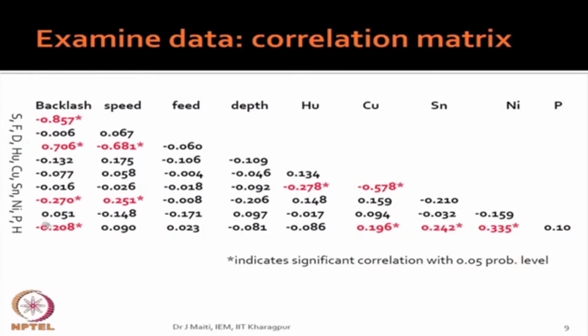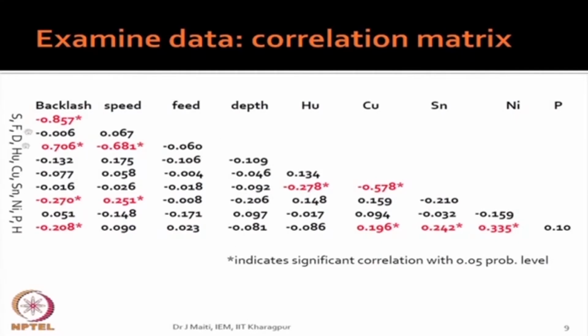Now, if you see backlash vis-a-vis all those independent variables we are considering in this case, you see that backlash versus speed has a negative correlation which is significant. Similarly, backlash versus depth of cut has a positive correlation which is also significant. Backlash versus nickel has a negative and significant correlation, and backlash versus hardness has a negative but significant correlation.